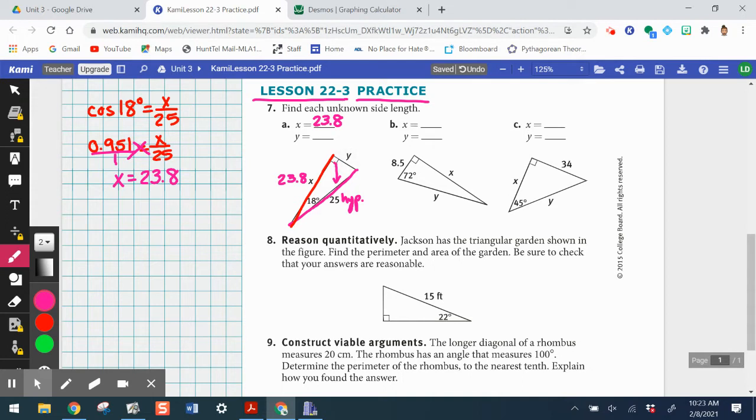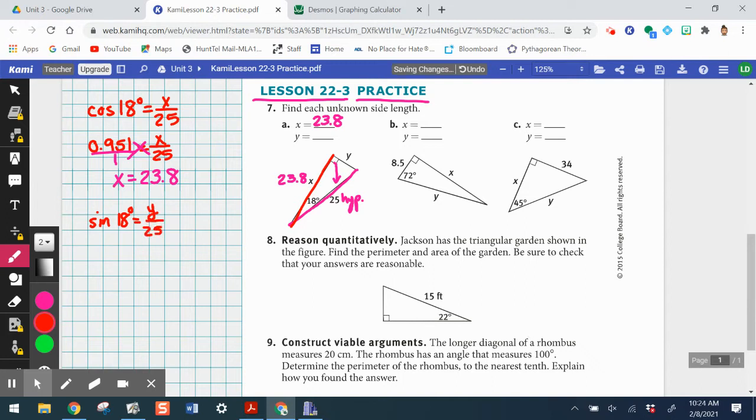So the length of y is the opposite side of the angle that they're giving us, 18 degrees. And we were definitely given the hypotenuse, so I'm going to use the sine of that 18-degree angle. So the sine of that 18-degree angle is the opposite side, which is y, over the hypotenuse 25.